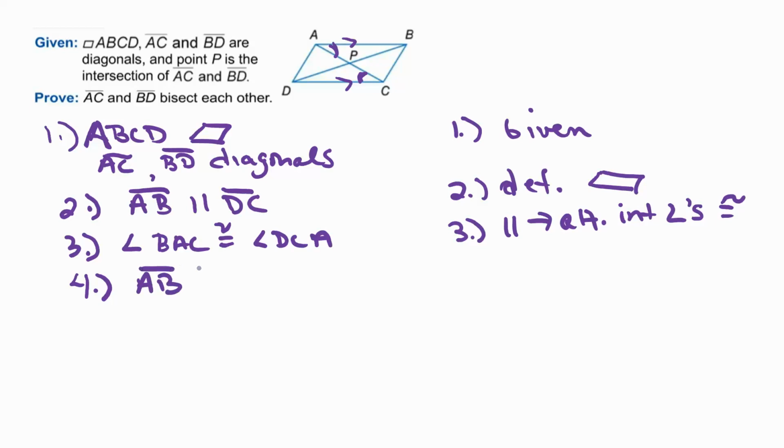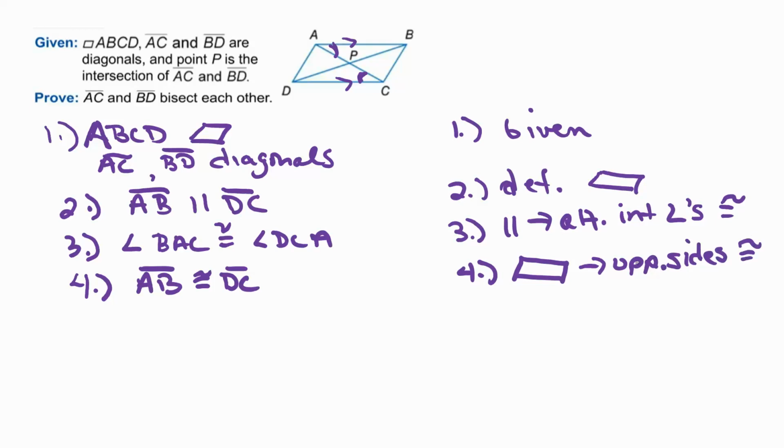Since it's a parallelogram, I know that side AB is congruent to side DC. Parallelogram gives opposite sides congruent. And then I also know that this angle is congruent to this angle here. So angle ABD is congruent to angle CDB.